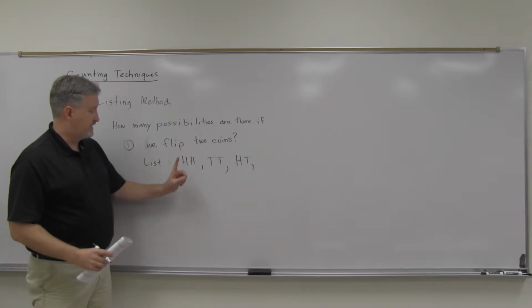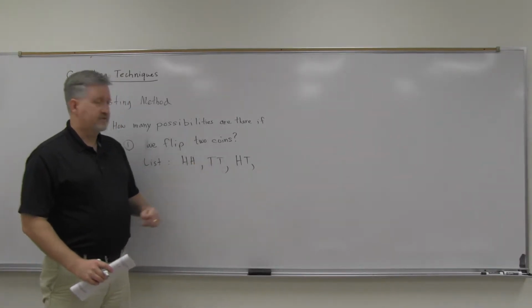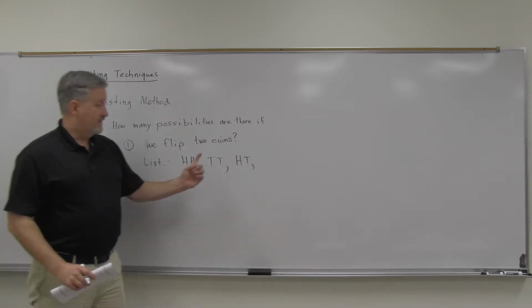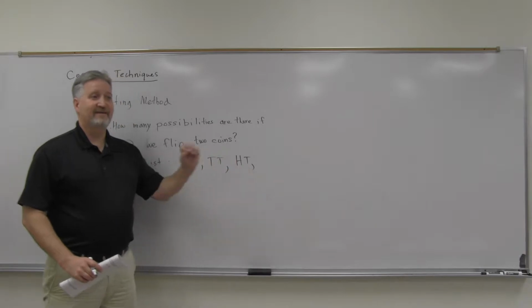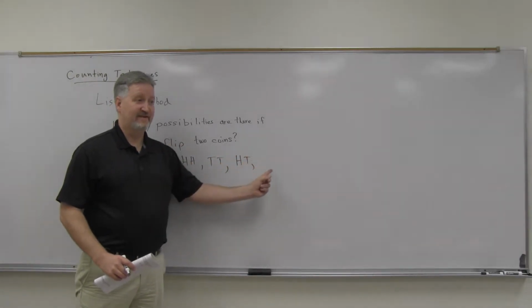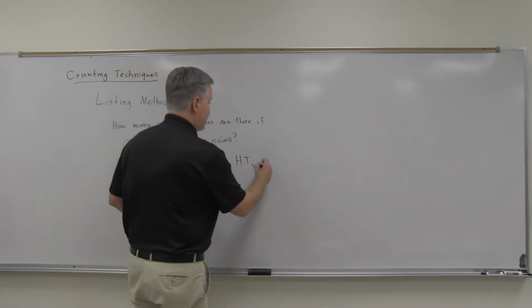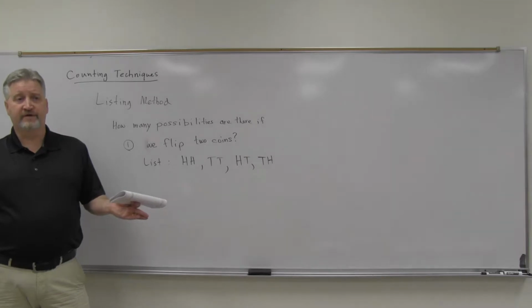So coin one is heads, coin two is heads, and coin one is tails, and coin two is tails. And that's really significant, because this is coin one heads, coin two tails. So what else could there be? You could have tails, heads, right? That would be different because there are two different coins.